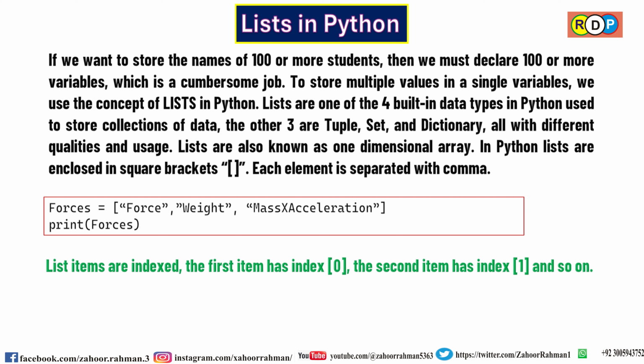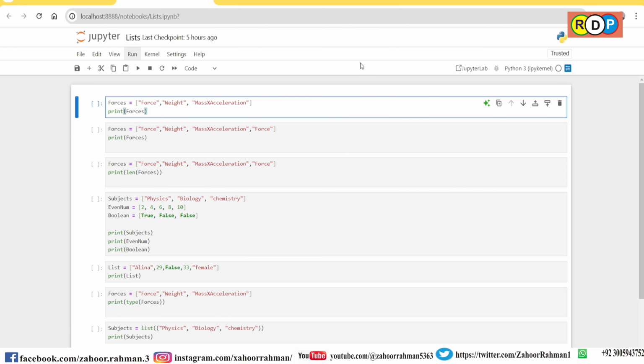Let us print this with the help of Jupyter Notebook. Here in the first cell I have written that program, which is saying that forces is equal to: the first element is force, which has an index of 0, the second element has an index of 1, and the third element has an index of 2.